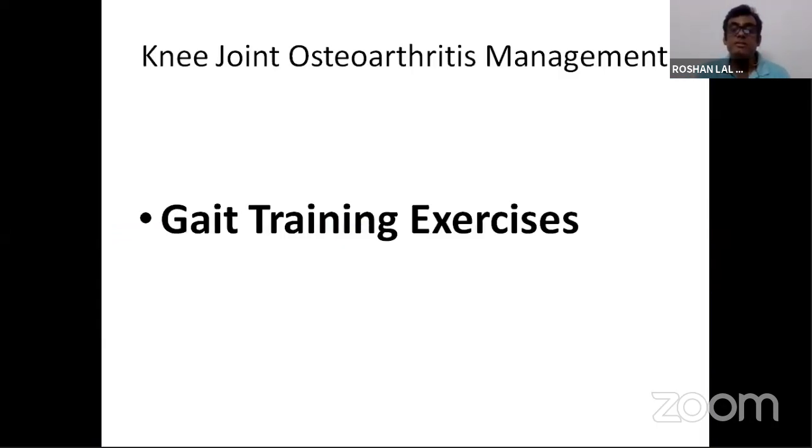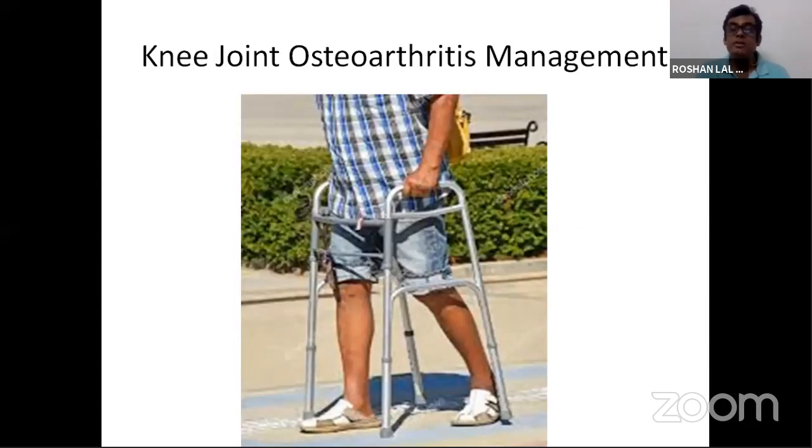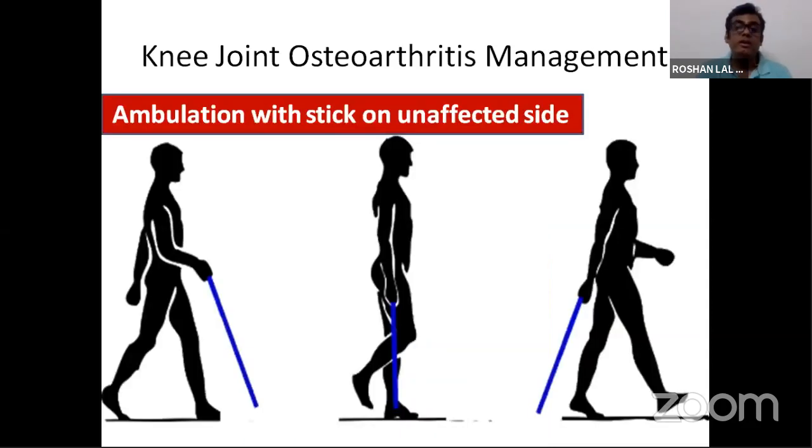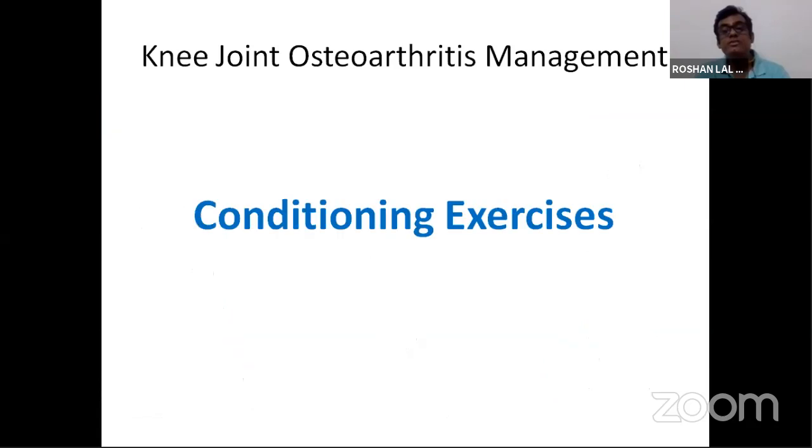Now, gait training exercises. After improvement in the signs and symptoms, we can ask the patient to walk with the walker, and after that, when the patient gains confidence, we can remove the walker and advise a stick. The patient can walk with the stick. Now, the conditioning exercises. What are the conditioning exercises? If there is improvement in pain and extension lag, if there is improvement in functional limitations like standing, walking, stair climbing and descending, if the patient gains confidence on standing and walking, then we can progress to the conditioning exercises.